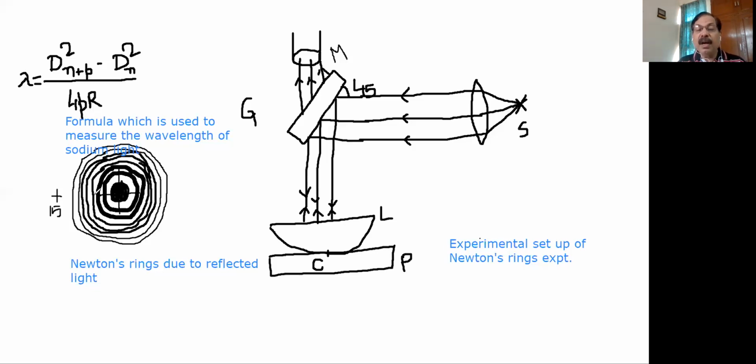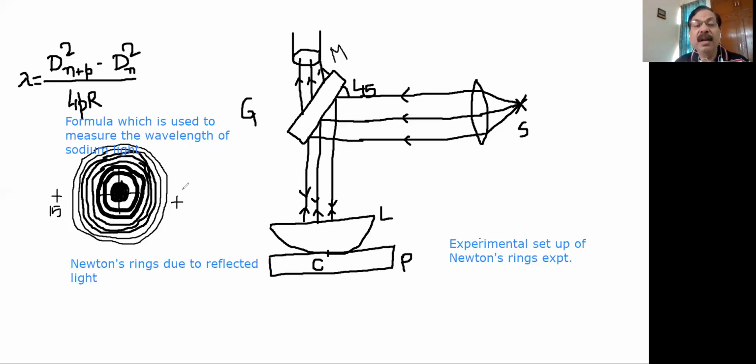Continue to move to the other side of the center and take similar readings on the other side in increasing order of the rings until you reach the 15th ring again on this side.